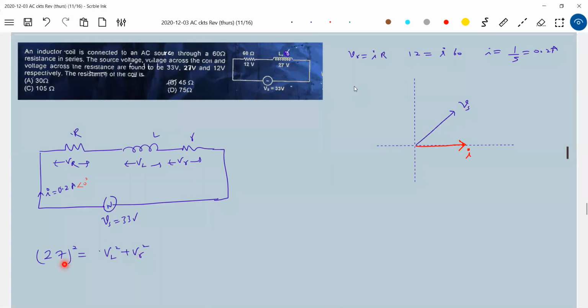No, this 27 volt, will it lag or lead compared to current? Because what is VR? VR is this one. So where do I take this 27 volt, here or here? Shall I bring it here?